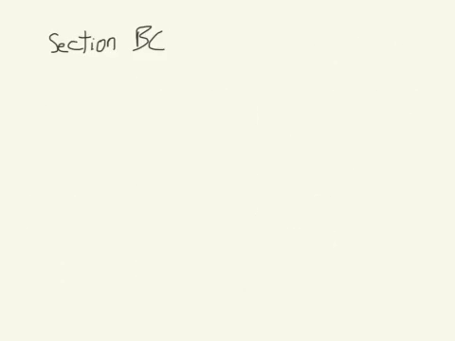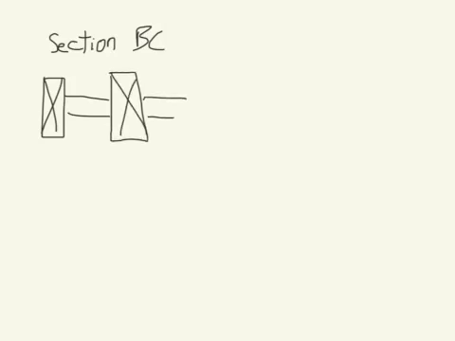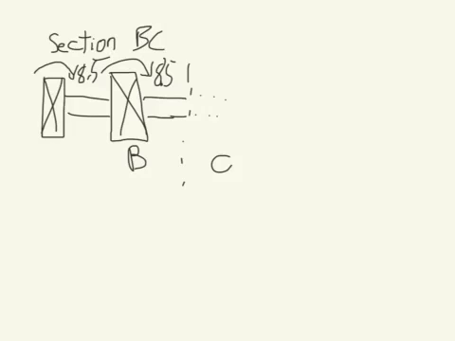For the second section, B to C, we can do pretty much exactly the same thing, only we have to understand that the torque is going to be a little bigger. Because when we take a section between B and C, there are two torques on the left. They're both 8.5, and they're both in the same direction.